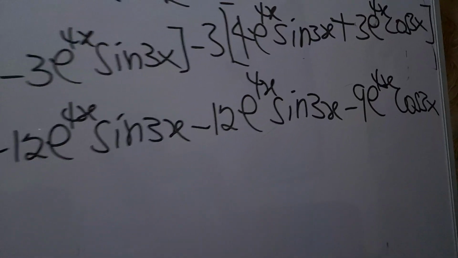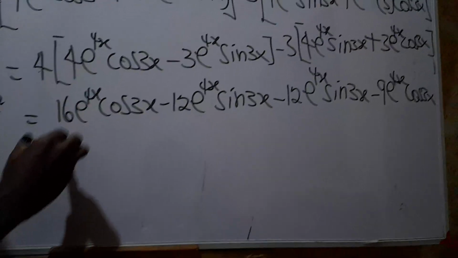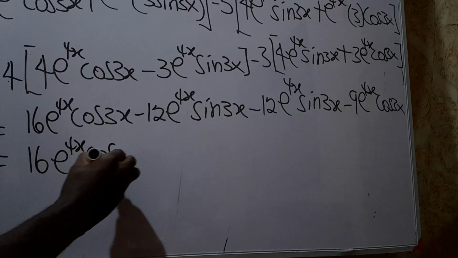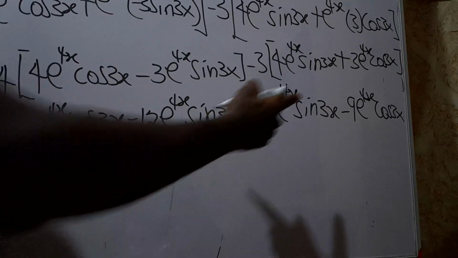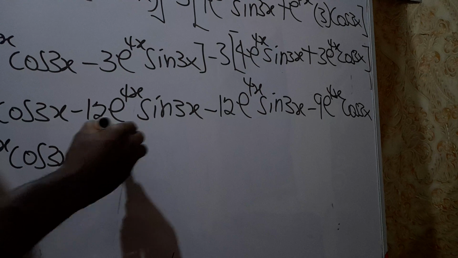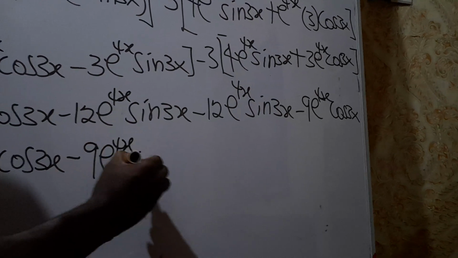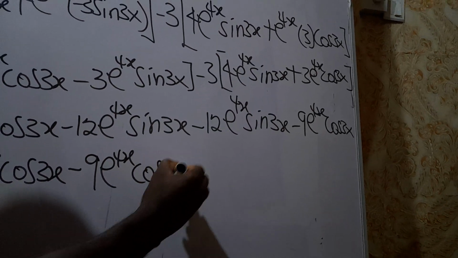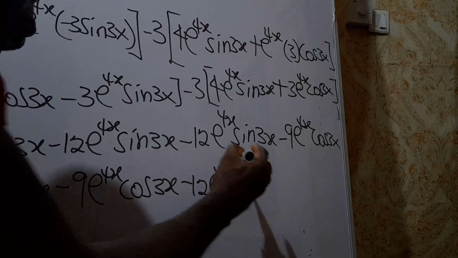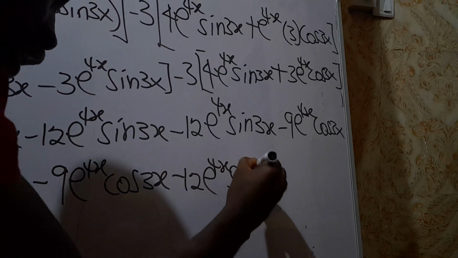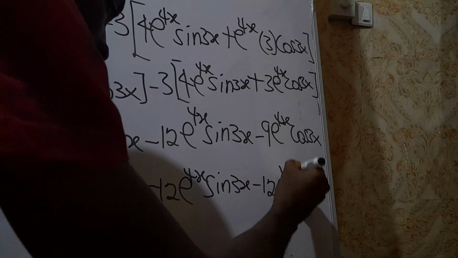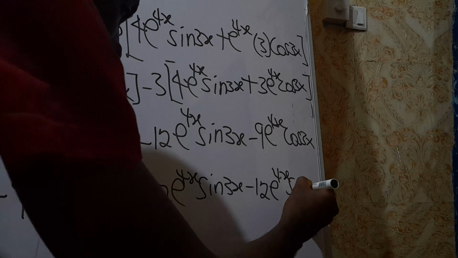Now group items. So I'll get 16 e exponent 4x cos 3x. Then I have minus 9 e exponent 4x cos 3x, minus 12 e exponent 4x sin 3x, then minus 12 e exponent 4x sin 3x.